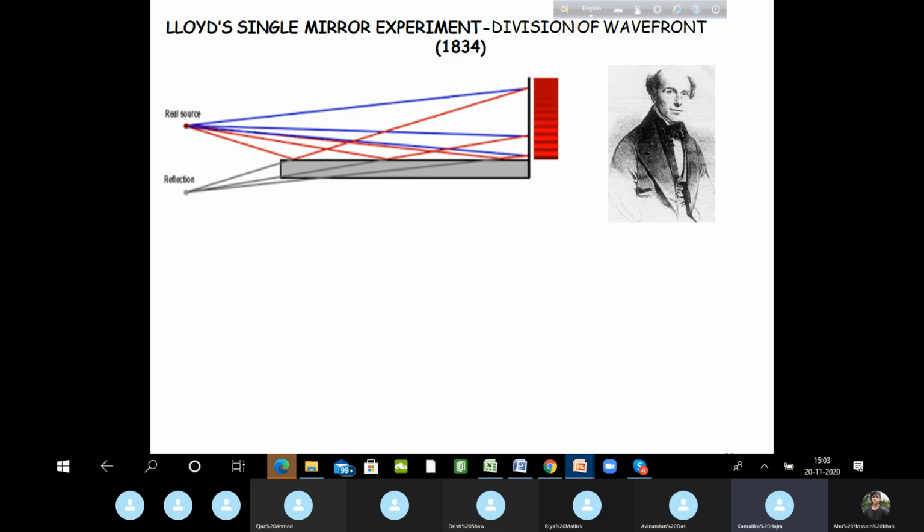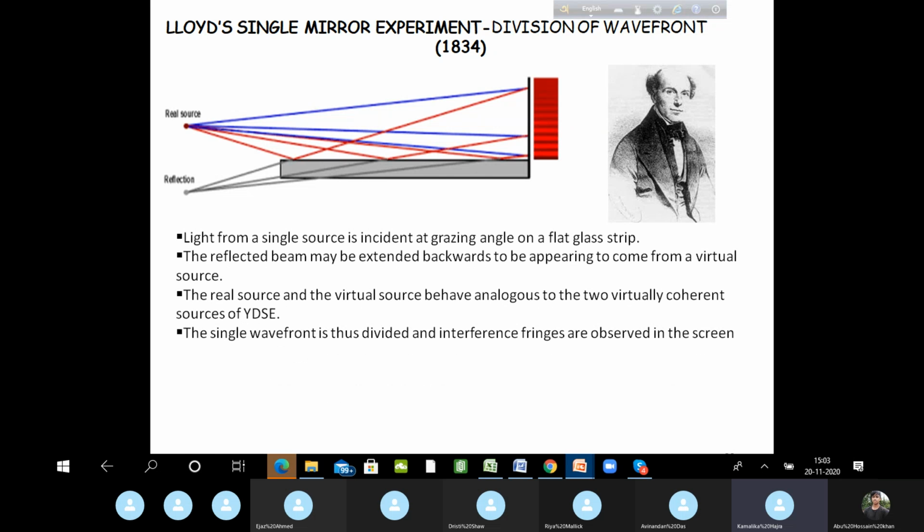After this comes another experiment showing division of wavefront, which is Lloyd's single mirror. These are just for your knowledge. The analytics are not very important. There might be a question that apart from Young's double slit, what are the other devices that show division of wavefront?